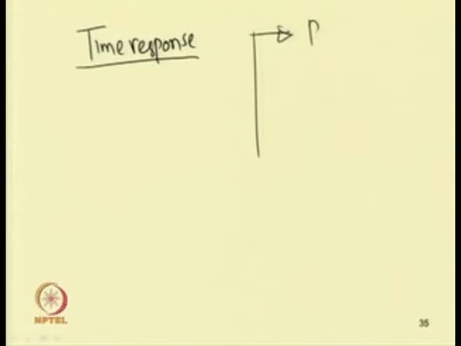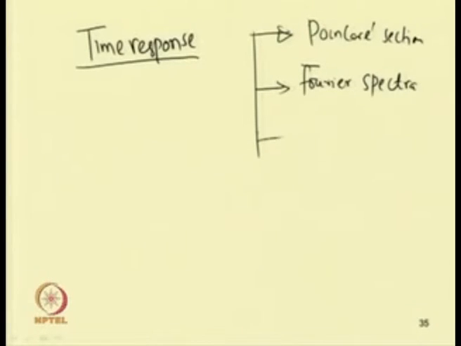After getting the time response of the system, one can analyze it either by using the Poincare section, one can also use the Fourier spectra, also one can use the Lyapunov exponent method to characterize the response of the system.